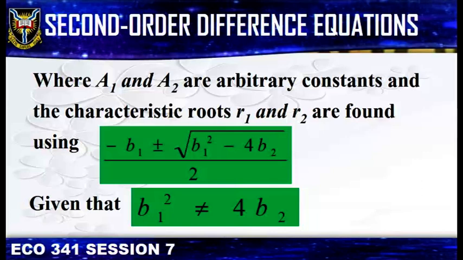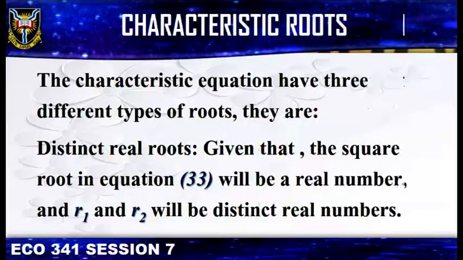For equation 2, r1, r2 is equal to 6 plus or minus square root of 36 minus 4 into bracket 5, divided by 2, is equal to 6 plus or minus 4 over 2, is equal to 1 or 5. Thus, y_c is equal to A1 into bracket 1 raised to power t plus A2 into bracket 5 raised to power t, is equal to A1 plus A2 into bracket 5 raised to power t.